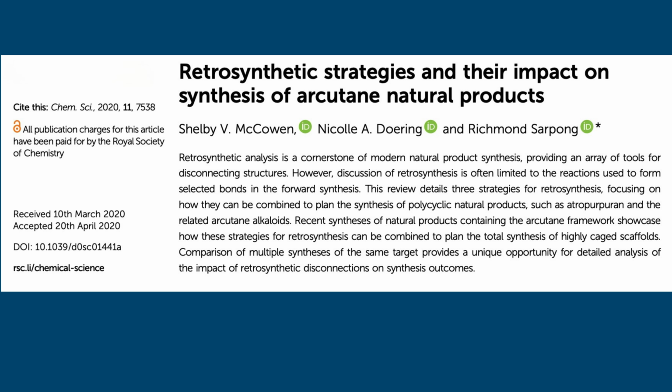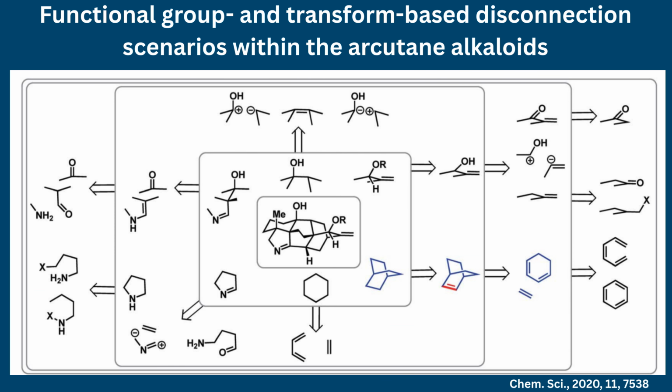In that article, the authors proposed that a functional group and transform-oriented retrosynthetic approach complements topology-driven analysis by prioritizing existing or latent functional groups as guides for strategic bond disconnections. In contrast to skeleton-based methods, this strategy is inherently subjective, reflecting the broad range of possible synthetic pathways.